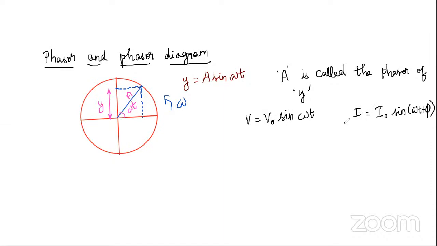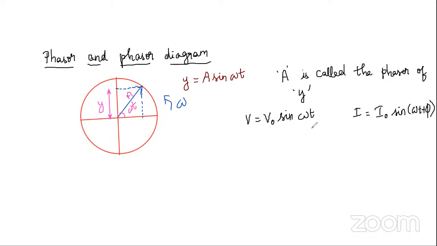So we have to represent the phases I naught and V naught in the phasor diagram. In the phasor diagram, I have to explain which one is leading and which one is lagging. So these things I have to explain in a diagram. That diagram is called phasor diagram. Previously we have discussed the concepts of phase difference and the leading and the lagging concepts of phase.